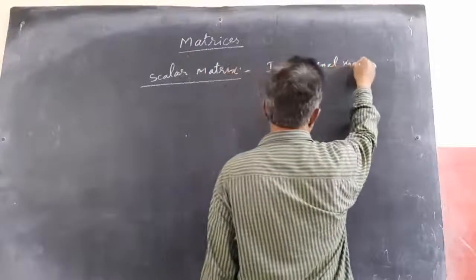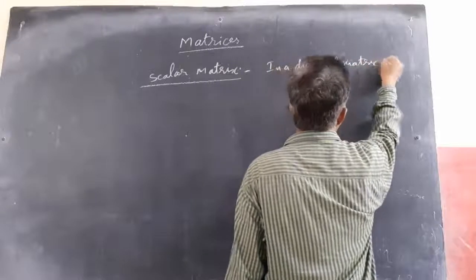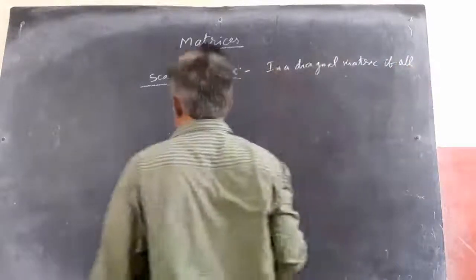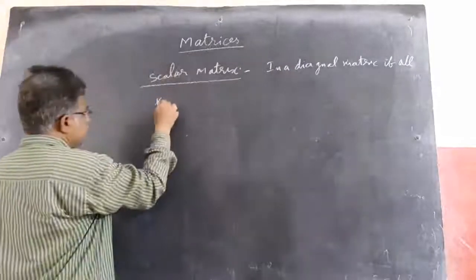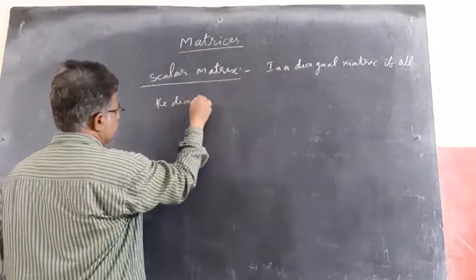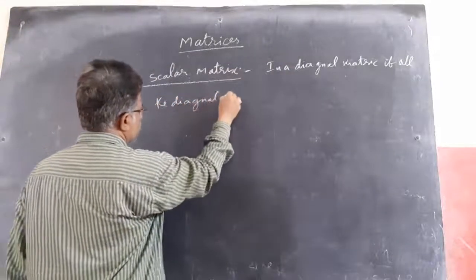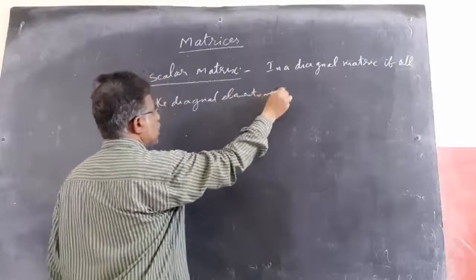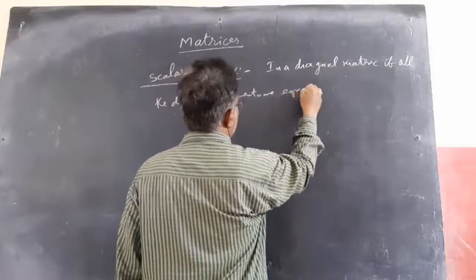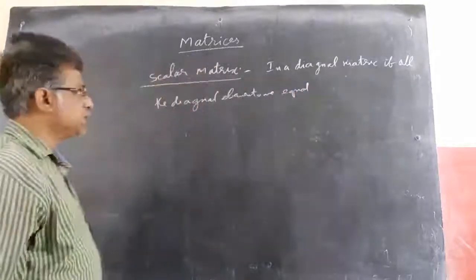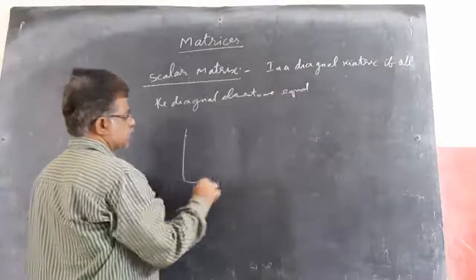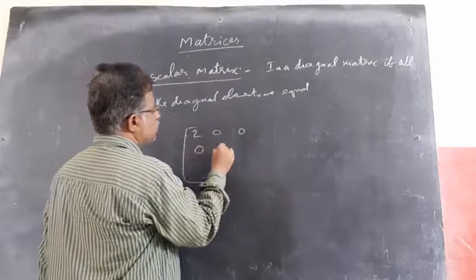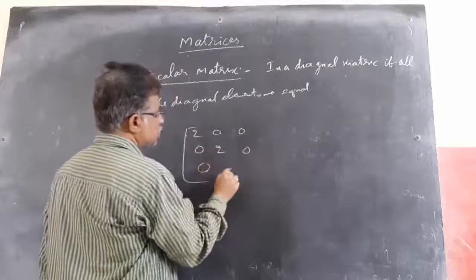In a diagonal matrix, if all the diagonal elements are equal, then it is called a scalar matrix, like this: 2 0 0, 0 2 0, 0 0 2.